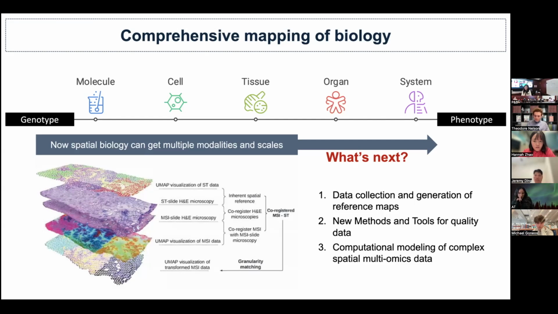The real rationale behind these atlasing projects is that we're still lacking a lot of data collection and generation of a reference map, especially for spatial. As I mentioned, for new methods and tools to be available, we need really good data sets to understand the statistics behind them and the best way to do this. And of course, we're also very interested in computationally modeling different systems in general, which requires a lot of data sets.